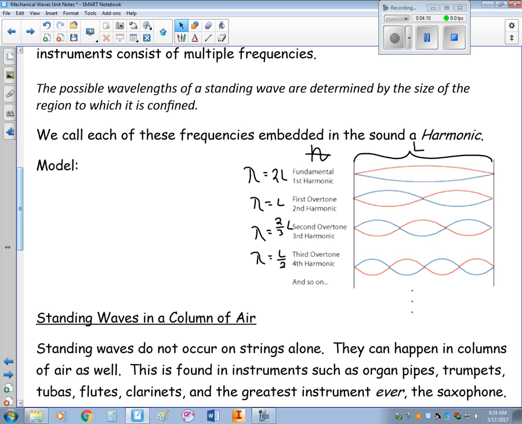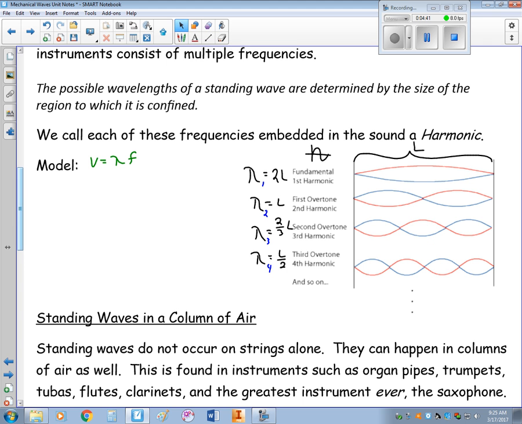All right, now, doing a little bit more math here, velocity equals wavelength times frequency, and v is going to be the speed of the wave. So basically, I can go through and calculate the frequencies for each one of these. So I'm going to put some numbers here: 1, 2, 3, 4, for the first, second, third, and fourth harmonic.